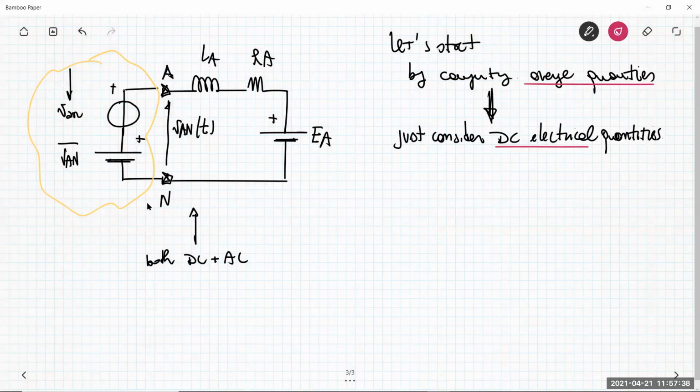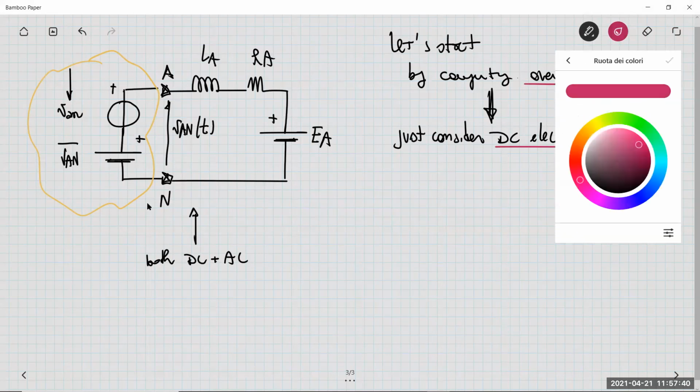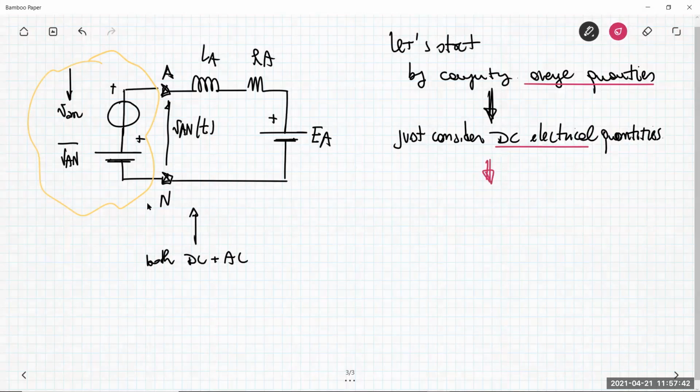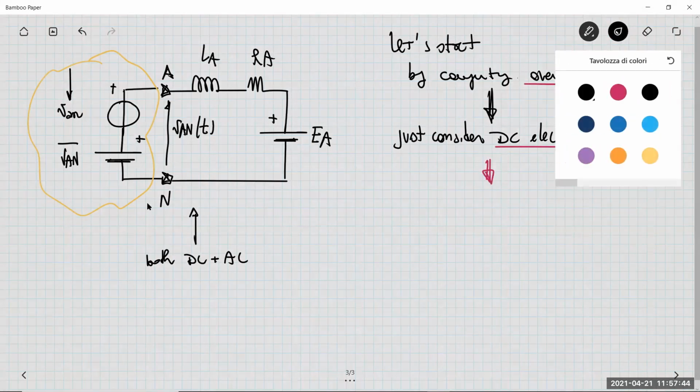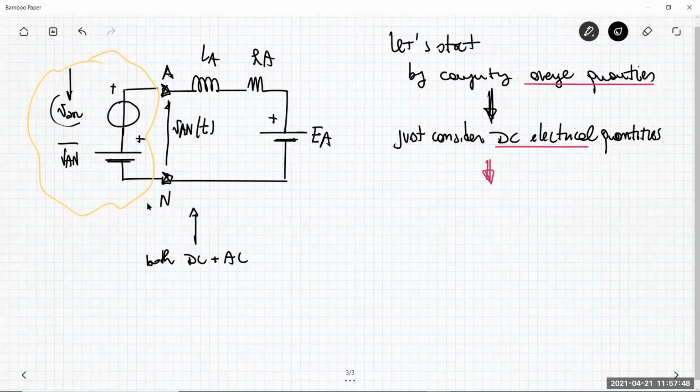So I need DC quantities. The circuit is something like this. This AC contribution is no longer to be considered in the DC contribution, because this is only AC. I have to consider just the average value.